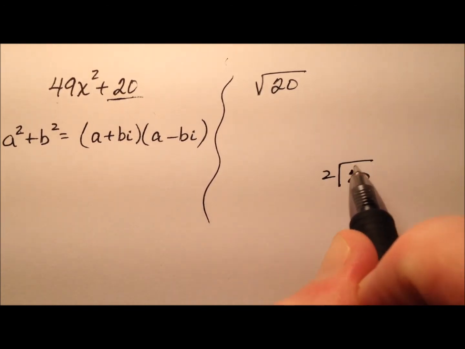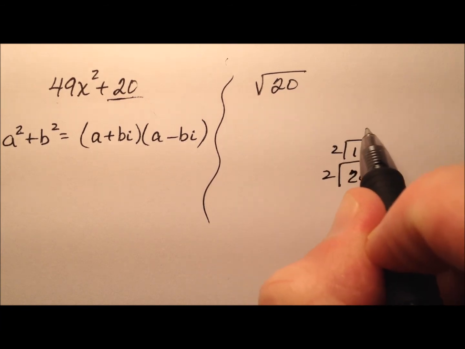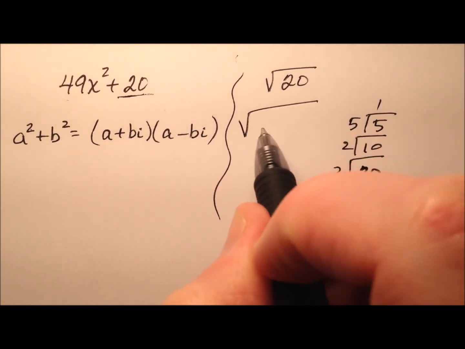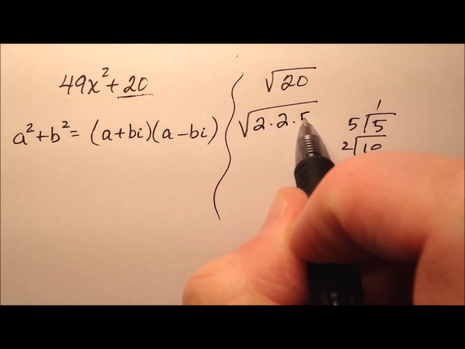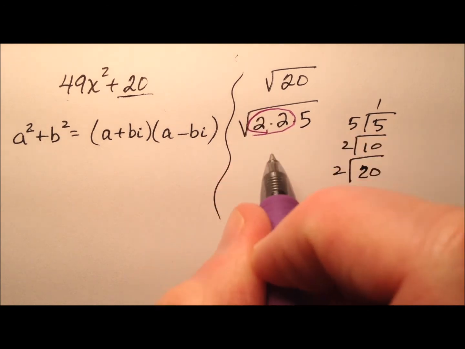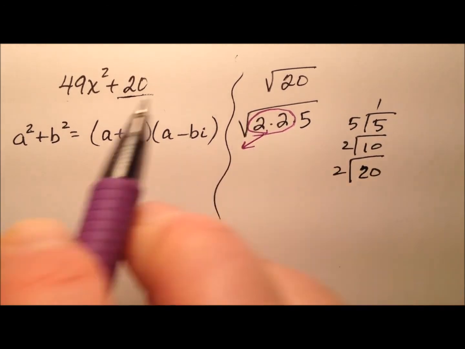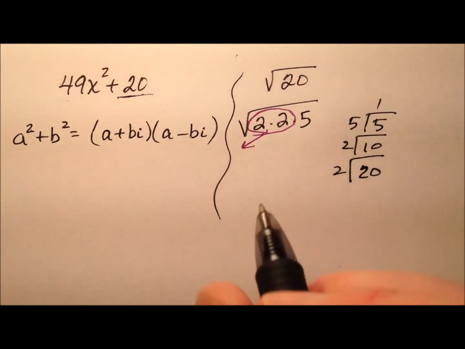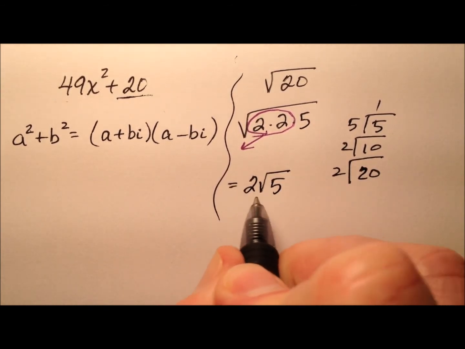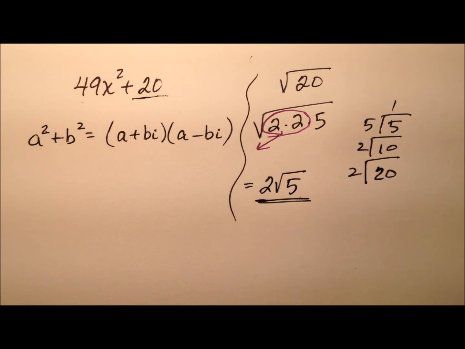Let's find the prime factorization. Okay, so I can rewrite this as 2 times 2 times 5. And we have a pair of 2's here, and 2 times 2 is 4, and that's a perfect square. So that'll come out. So the square root of 20 is actually 2 times the square root of 5.